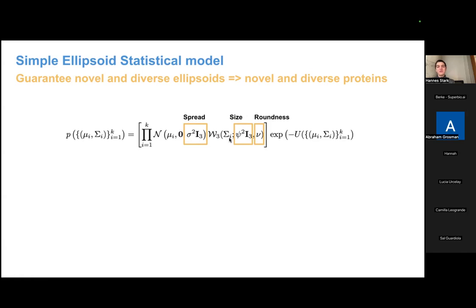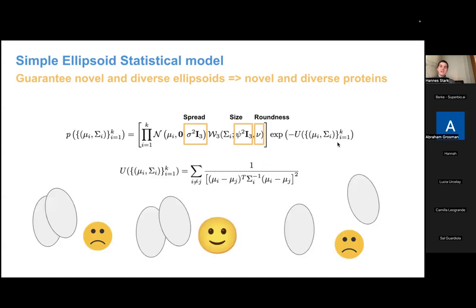A Wishart distribution is just a distribution over covariance matrices, and it has parameters with which you can control the size of the ellipsoids and their roundness, so to say, their anisotropy. The last term here is an energy penalty for ellipsoids if they overlap too much, or if they're too far apart, which is just this Mahalanobis distance between the ellipsoids.